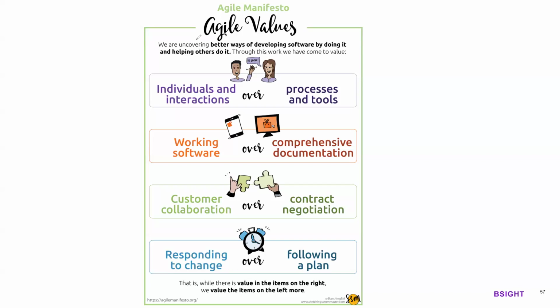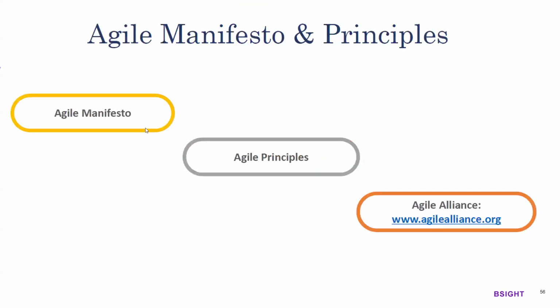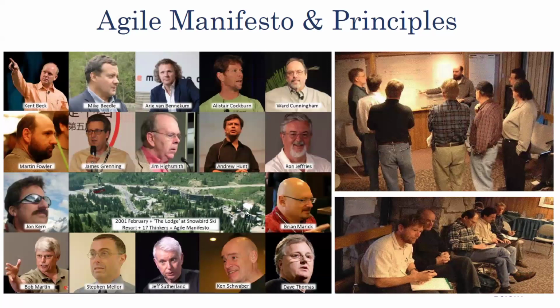So let's start with the values. We are uncovering. Who is the "we"? Those 17 software developers who joined together to come up with an alternate methodology. In fact, there are some YouTube videos from one of those 17 participants saying how they came up with this manifesto. Once they came up with the values, they wanted to put a name.